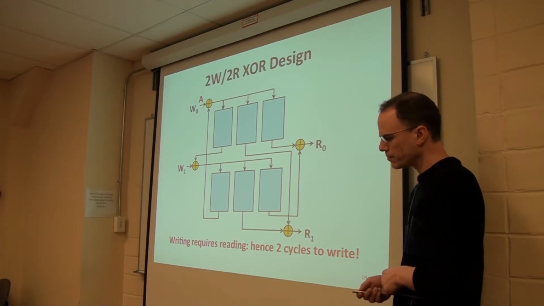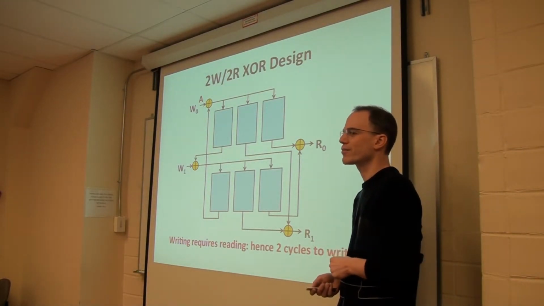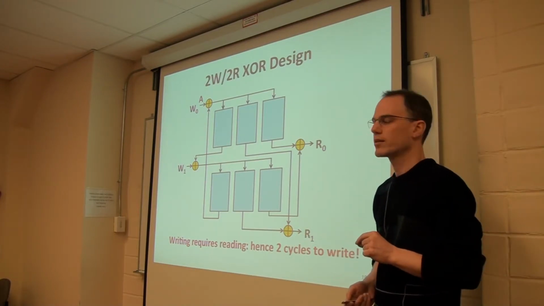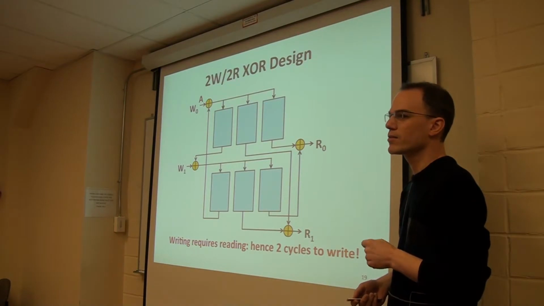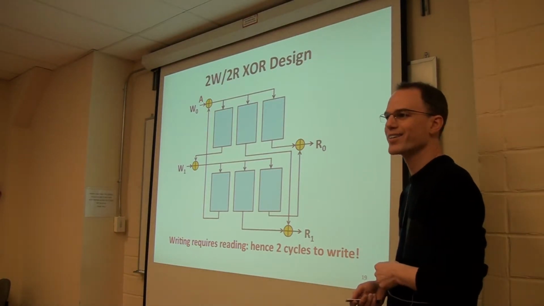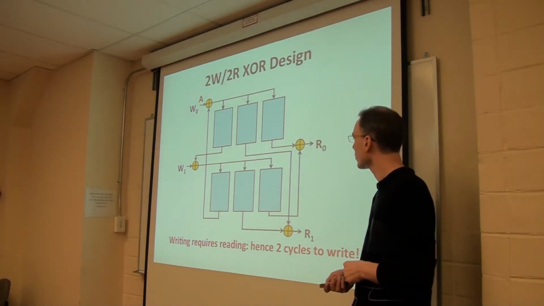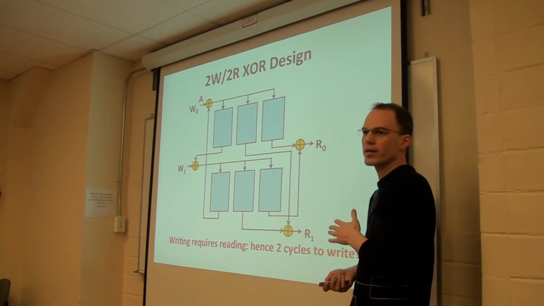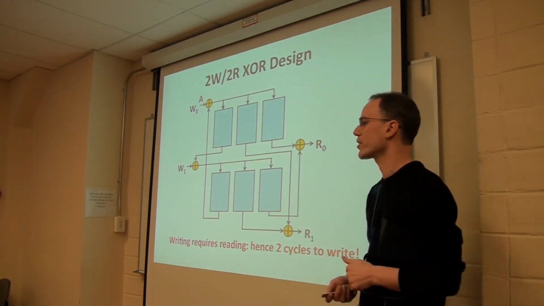Okay. So there are 2 little challenges that I have to tell you about. One is, the astute audience member might have noticed that it takes reading in order to do writing, and so that takes 2 cycles. This is a bit of a problem. I don't want the design to be capable of only a write every other cycle. I want to be able to write every cycle.